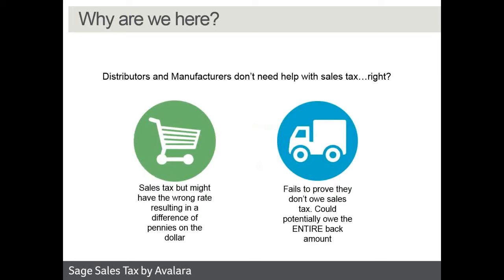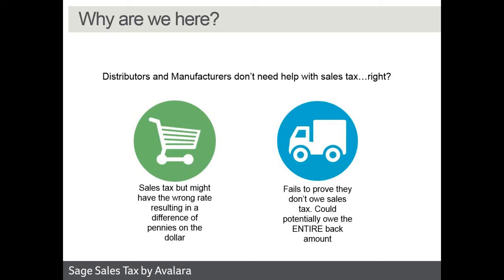One of the things we see with distributors and manufacturers is you're more likely to get audited than other folks. The reason why is the auditors want to collect as much as they can with as little effort as they can. They can get more revenue for the state by going into a business and looking at things like exemption certificates, where if they find 15% of the sample to be wrong, they can extrapolate and charge you 15% of your sales.